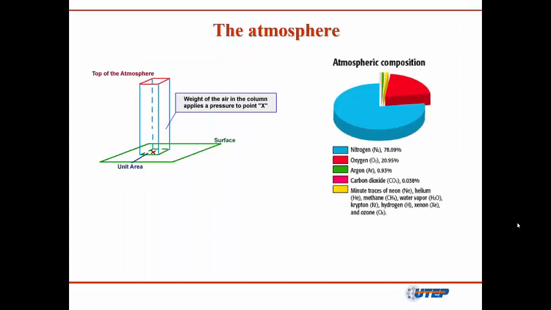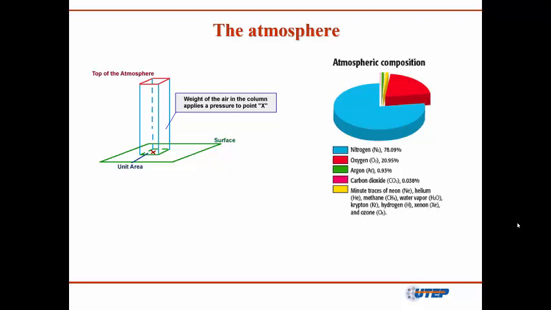Let's first talk about the atmosphere, and remember that when we talk about the atmosphere in this course, it refers to that column of air that's above a specific area.